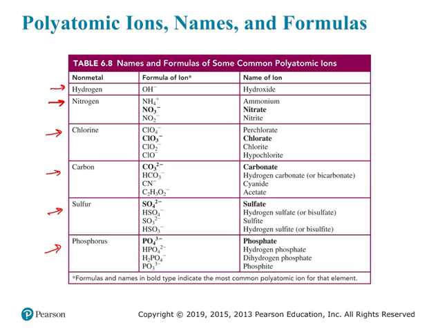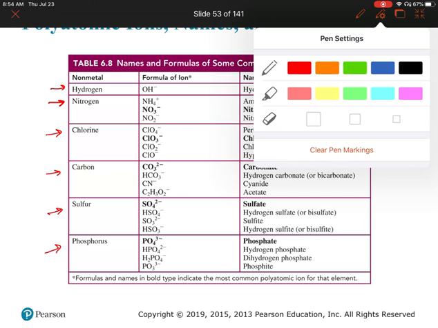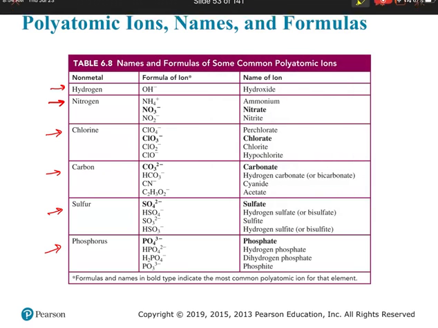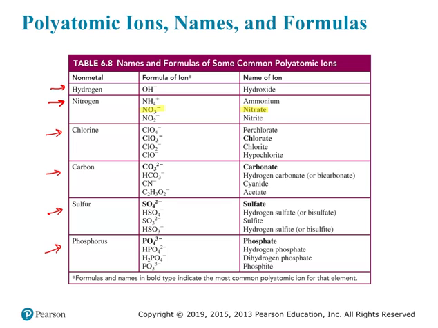Now, you don't have to memorize all of these names. What I recommend is memorizing the bolded polyatomic ions here and their names. These are kind of our main polyatomic ions. And once you know their names, it's really easy to figure out the other polyatomic ion names.